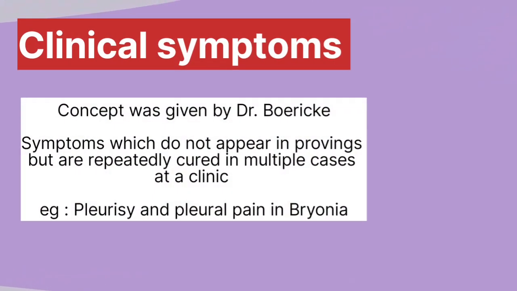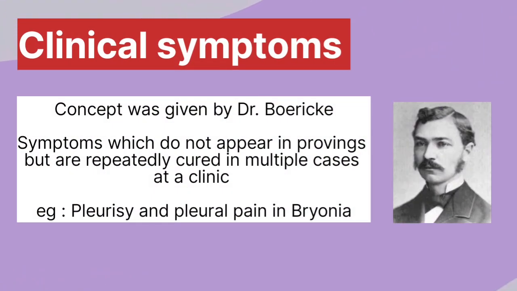Now the next type of symptoms which can be easily studied are clinical symptoms. This concept of clinical symptoms was given by Dr. Boericke. Clinical symptoms are those symptoms which usually do not appear in the proving of the medicine but accidentally are repeated and repeatedly cured in multiple cases at a clinic.